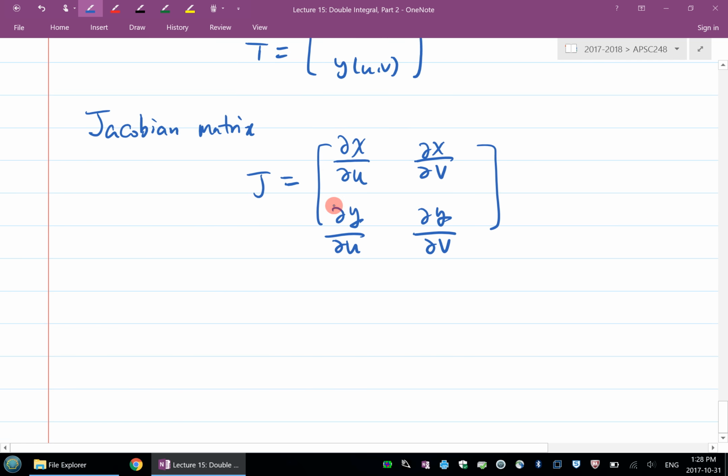Once we get this, we can calculate the determinant of this 2 by 2 Jacobian. You add a vertical bar, and that's how you calculate the determinant.